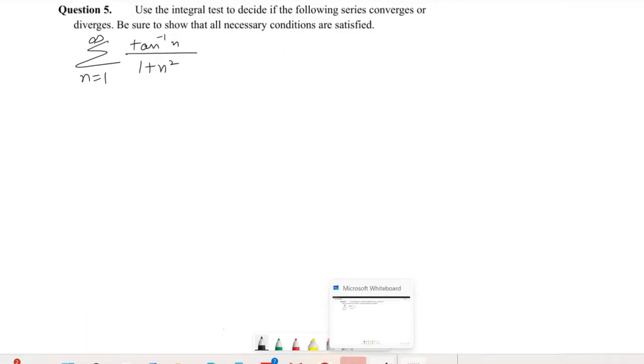Here we have another example, part C of question number 5. Use the integral test to decide if the following series converges or diverges. Remember, there were three conditions which we need to verify. Let's figure out f of x first. a_n is tangent inverse n by 1 plus n squared.